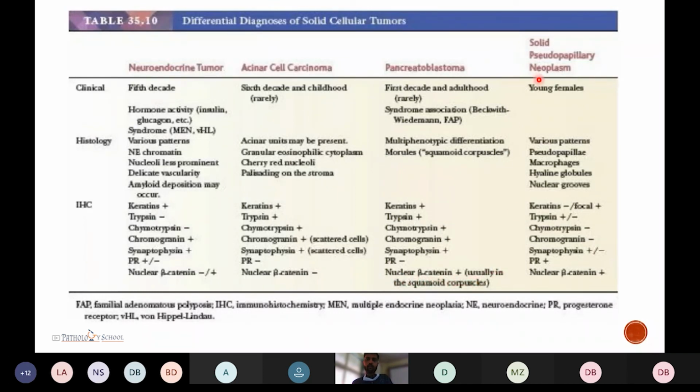Then solid pseudopapillary neoplasm shows hyaline cytoplasmic globules and longitudinal nuclear grooves, along with positivity for synaptophysin, PR, and nuclear beta-catenin, and keratin positivity may be focal.